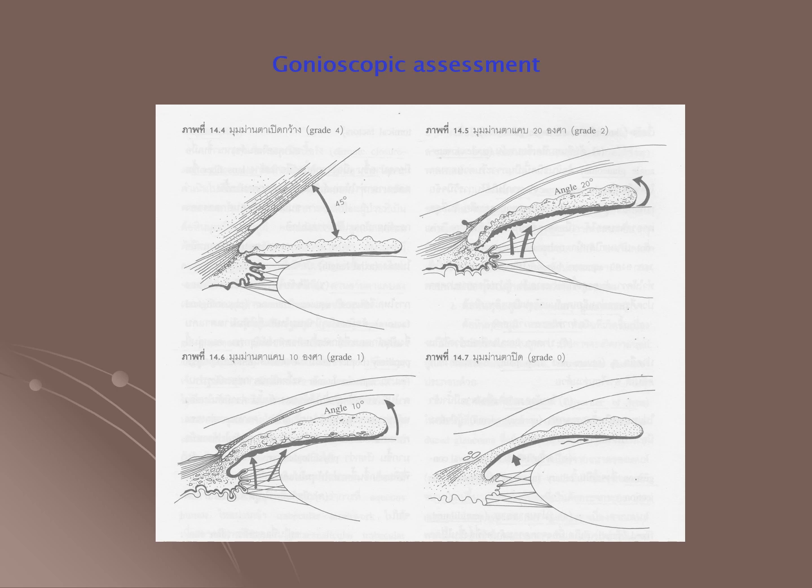And the grade 1 angle is only about 10 degrees, and only Schwalbe's line, that is the end of Descemet's membrane, is visible with the gonioscope. And a zero angle has iridocorneal contact. No structure is visible, and in this case, usually acute narrow angle glaucoma results.